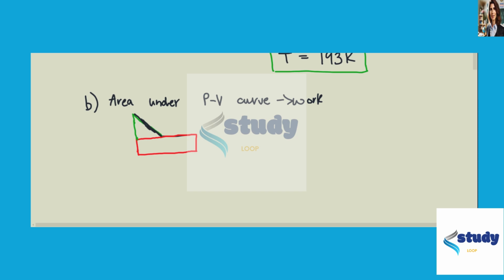Okay, so the area of the rectangle, we can see that the base is 0.002. And then the height of the rectangle, if we look on the graph, is 2 times 10 to the 5. And then I'm going to add that to the area of that little triangle. The height of the triangle is 2 times 10 to the 5.